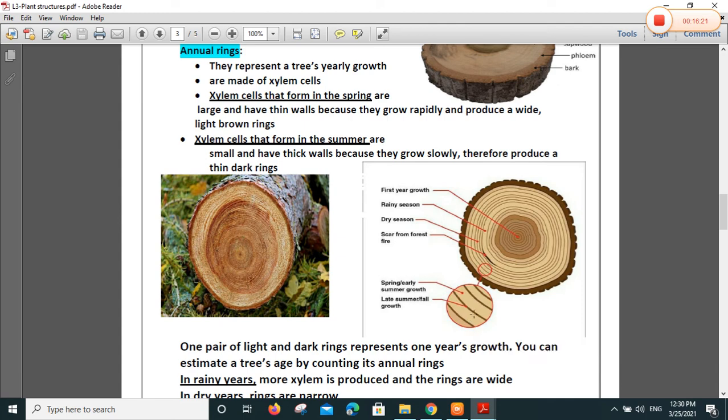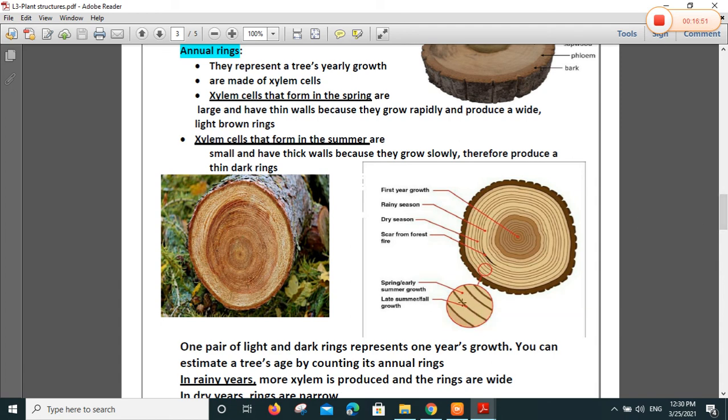Small, with thick walls because they grow slowly, and they produce thin dark rings. This is formed in the summer, xylem cells.